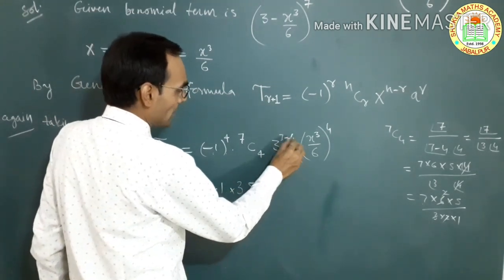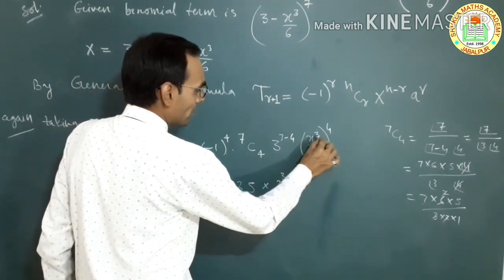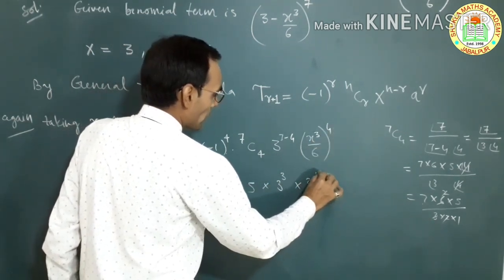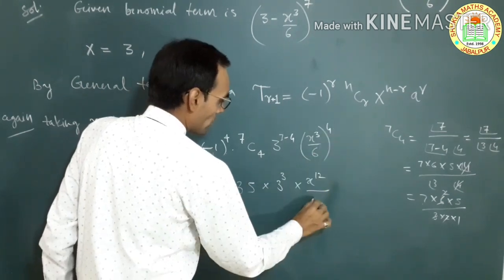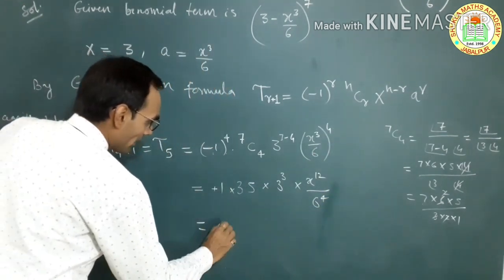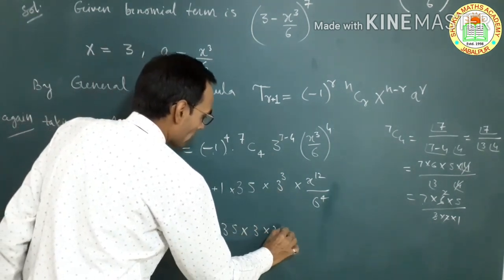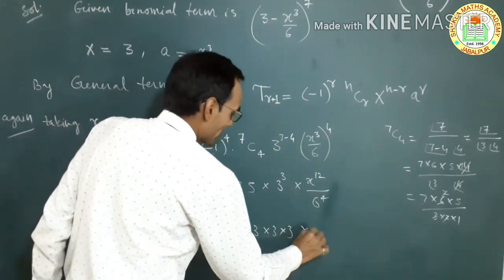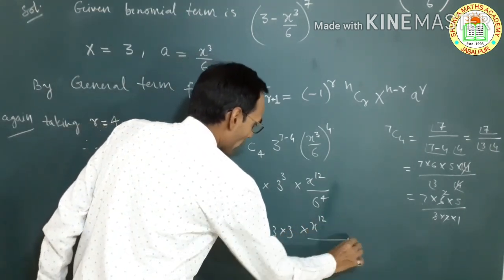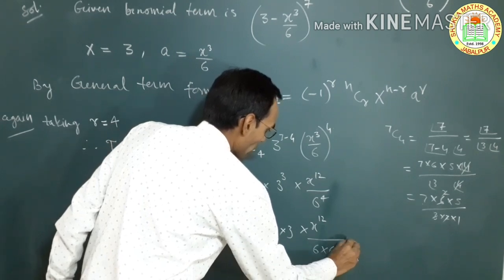And 3 raised to 7 minus 4, so it is 3 raised to 3, into x raised to 3 raised to 4, so x raised to 12, upon 6 raised to 4. Now simplify it. We have 35 into 3 into 3 into 3, into x raised to 12 as it is, upon 6 into 6 into 6 into 6, 4 times.